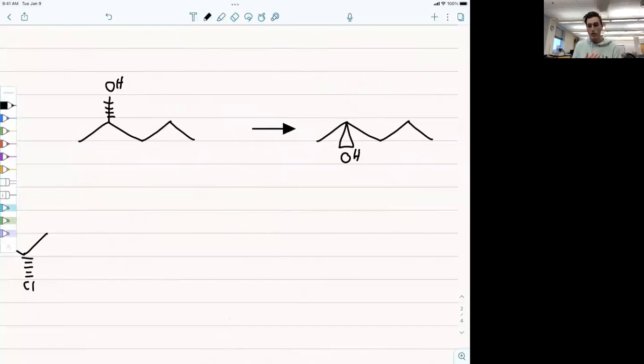So the easiest way to do it is to find R and S of each. This, in my personal opinion, especially if they're in a line drawing like this or a Fischer projection, the easiest way to find it is to do R and S of them. So R and S follows a few rules. The first thing I'm following is what is the heaviest. So if I'm looking for priority, that's the first thing we're going at.